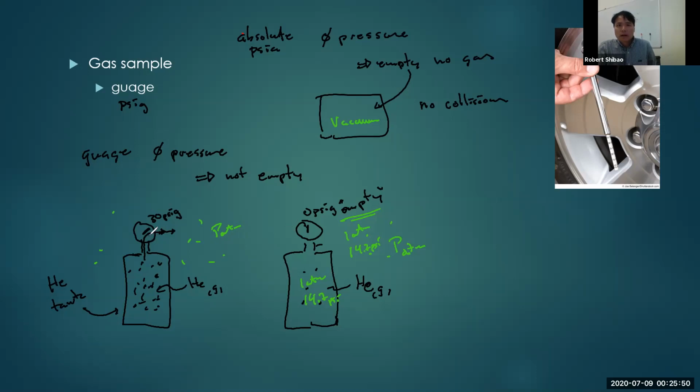So we have different things. So when it's reading PSIG, it's not really empty. And so let's take a look at the gauge in a little bit more detail here and compare it to atmospheric.